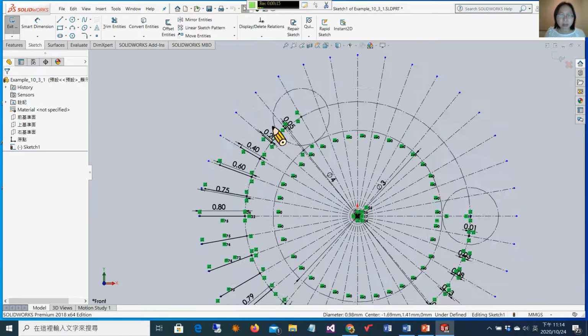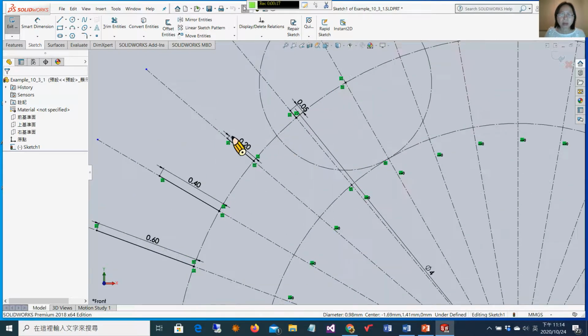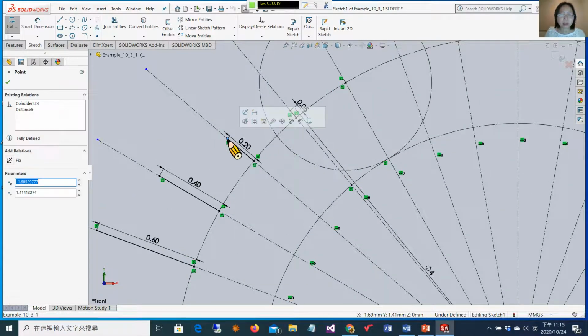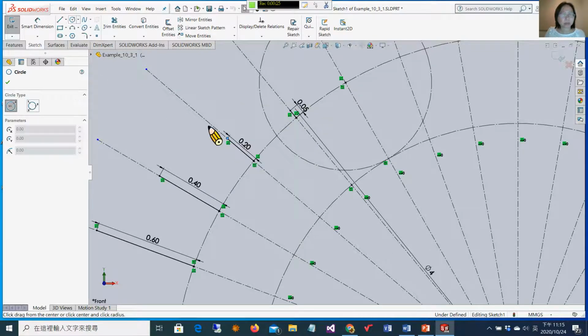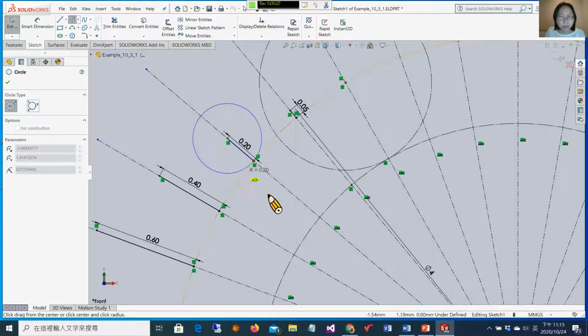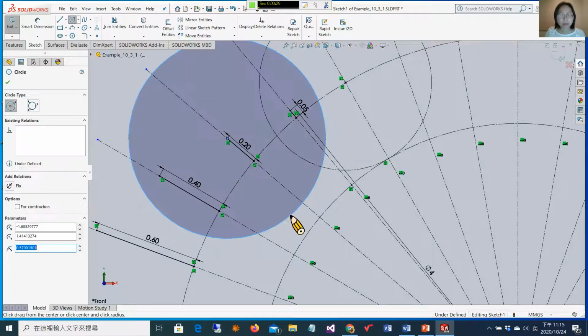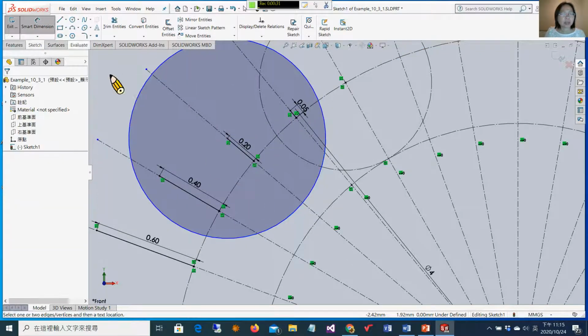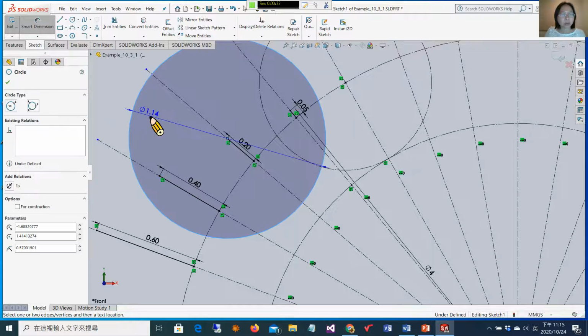I select the endpoint here to draw a circle with the diameter 1 inch.